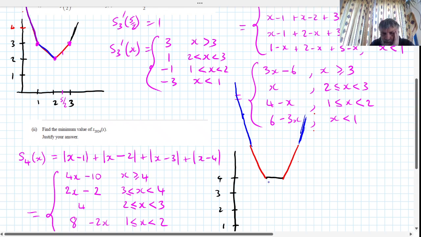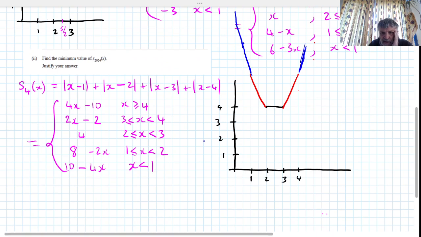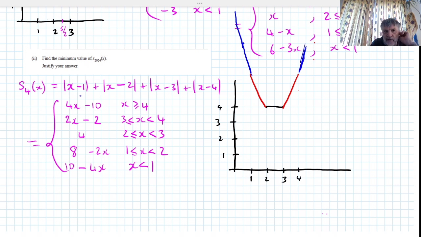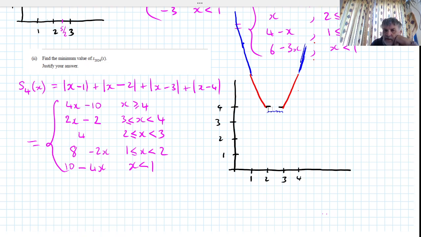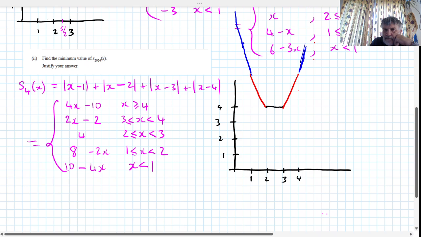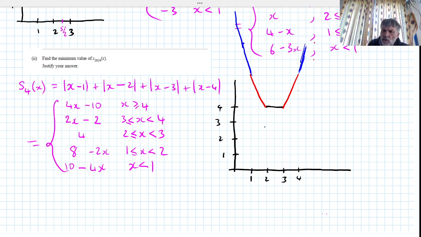The minimum here, well, here it's on a range of values, but we're going from 1 to 4, the points where we have the extremes of the absolute values, and the minimum value is halfway between. And I think you can see from this sort of construction that that's always going to be the case.